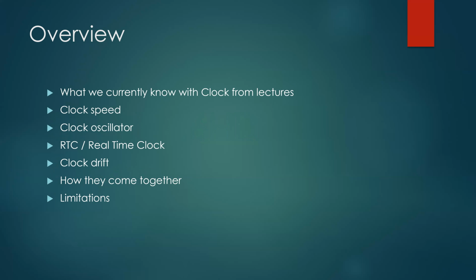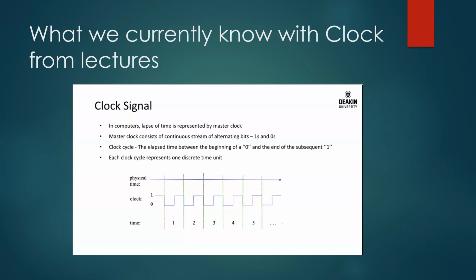And then finally the limitations, for which I will give an example that I did some research on in my cybersecurity class, and I feel it was appropriate to implement with this topic. So first, let's talk about what we currently know about clock from the lectures.